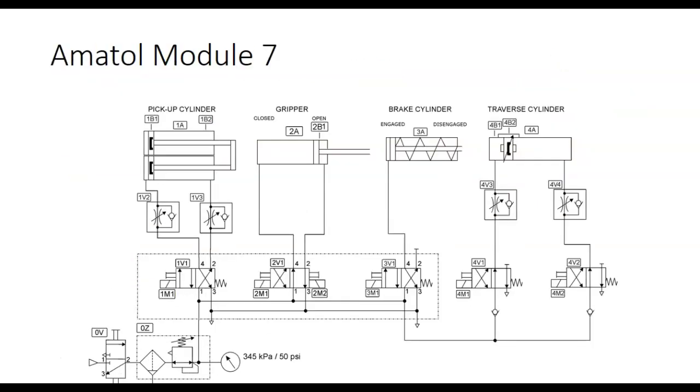This is what's interesting. By the way, this is the manifold. Y'all understand the manifold? What's the manifold do? Instead of us running pressure and running an exhaust to all the valves individually, they're mounted on a manifold. And then they share the what?